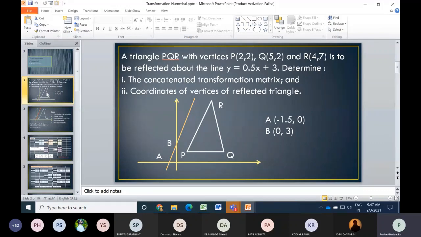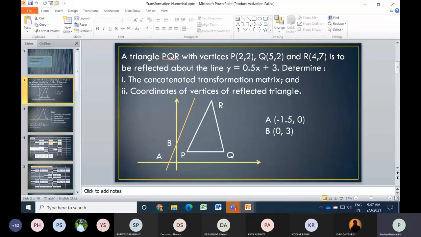So we'll discuss it again in detail. Okay, triangle PQR with these 3 vertices. Reflect about a line y equal to mx plus c. In simple words, y equal to 0.5x plus 3.